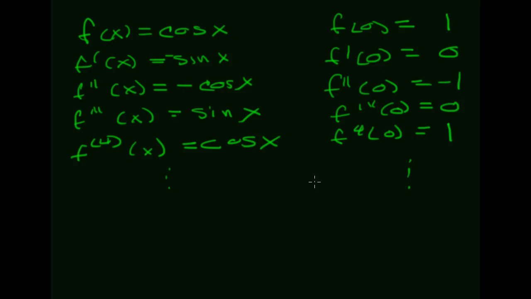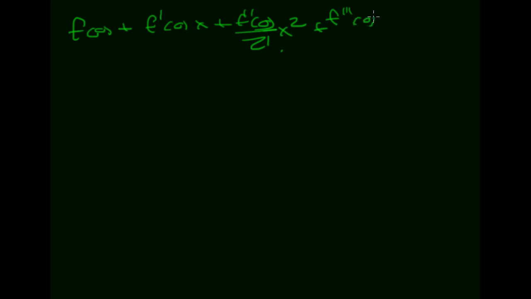So just like we did with the sine, we're now going to build the series. We need f of 0 plus f prime of 0 times x plus f double prime of 0 over 2 factorial x squared plus f triple prime of 0 over 3 factorial x cubed, and so forth. Okay, f of 0 in this case is just simply 1.